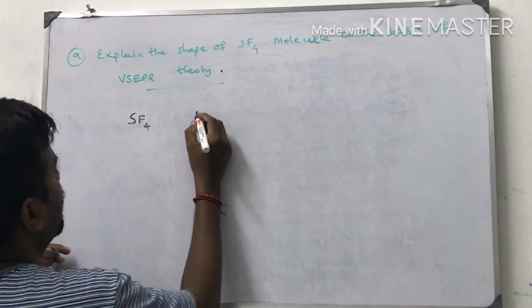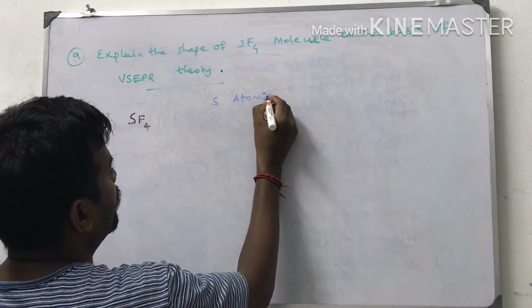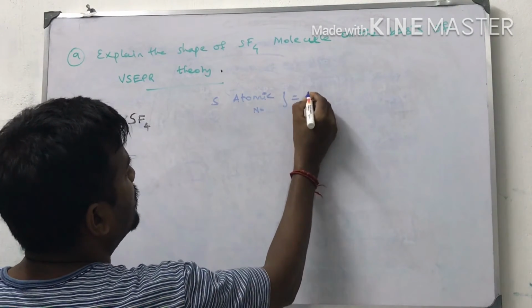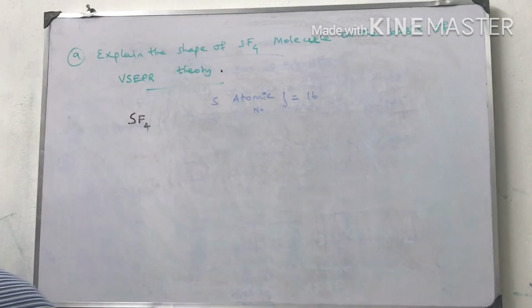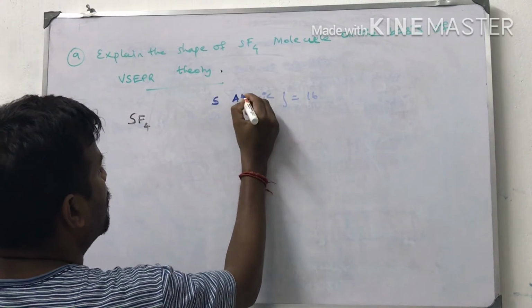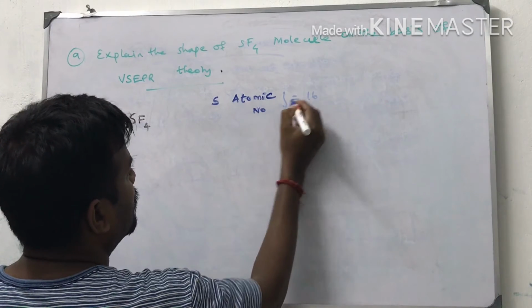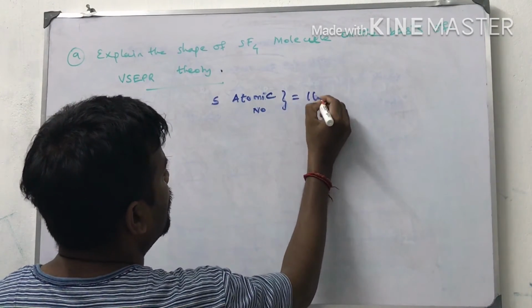In this SF4, sulfur atomic number is equal to 16, right?